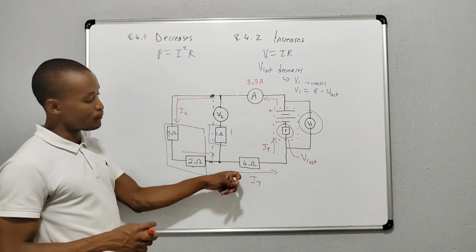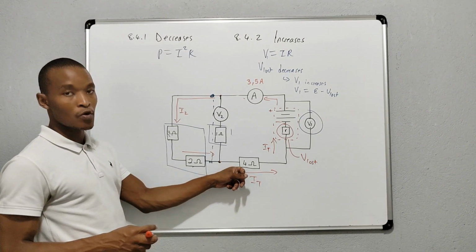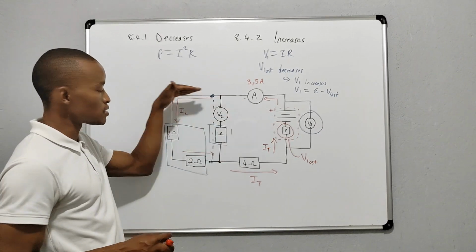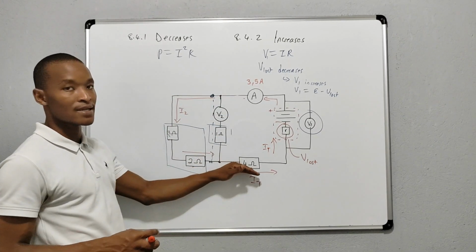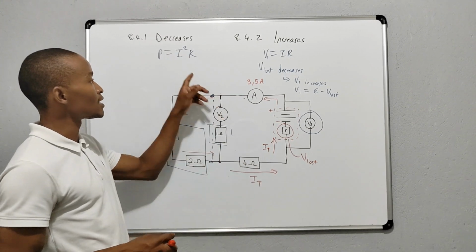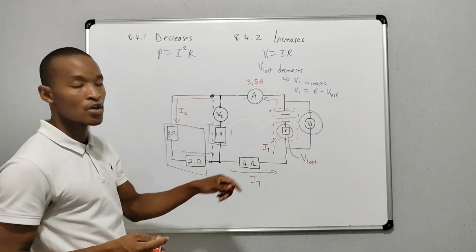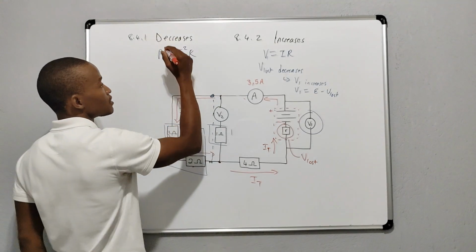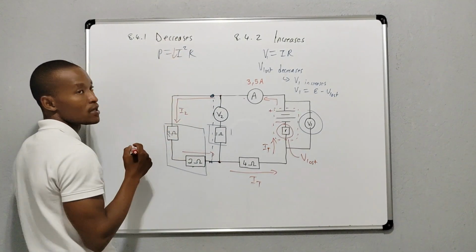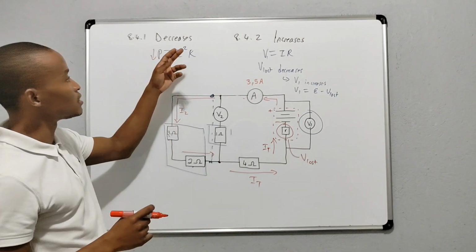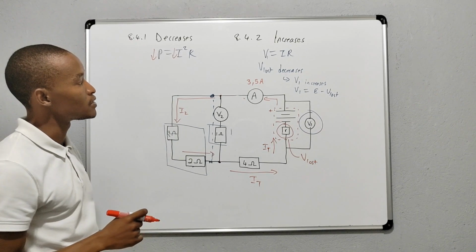If you come here and talk about the 4 ohm resistor, the resistance still stays the same, but if you now convert to a series circuit, you are decreasing your current because you've increased your total or external resistance, right? So if you decrease the current, you then decrease the power. Hence, we have indicated decrease there.